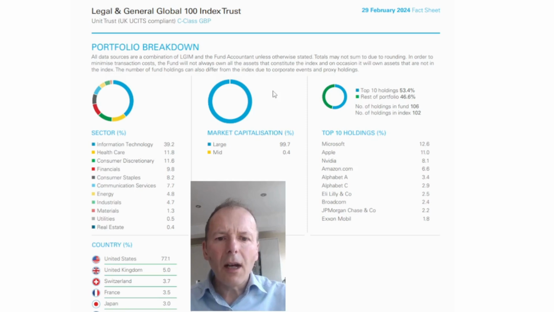The L&G Global 100 is much more concentrated in terms of its top 10 holdings than a standard tracker. However, I do feel that this concentration risk is compensated for by the price return, and I think that over the longer term, holding the top 100 companies will be beneficial, although we could see substantial volatility along the way.